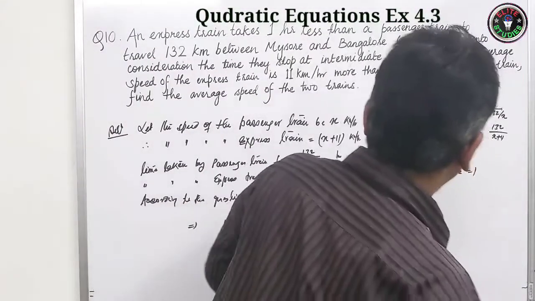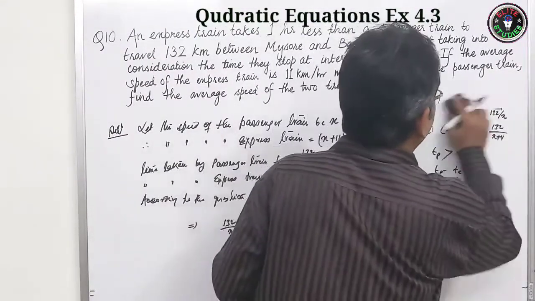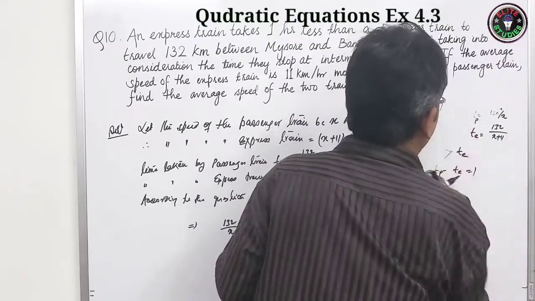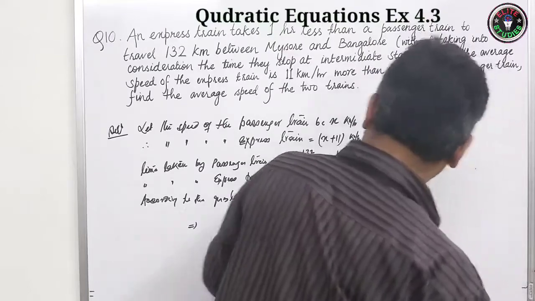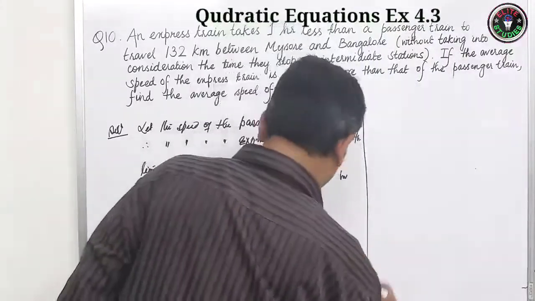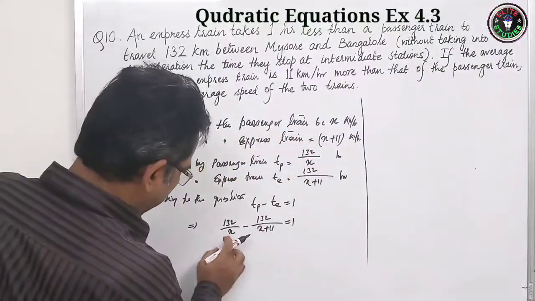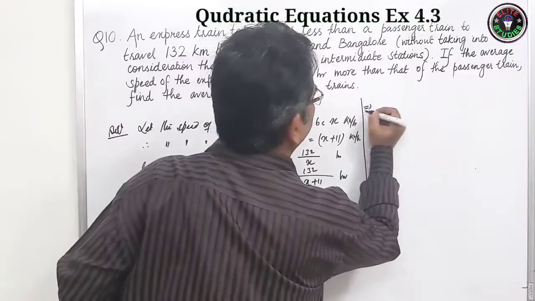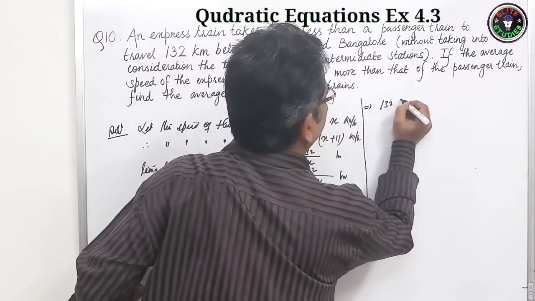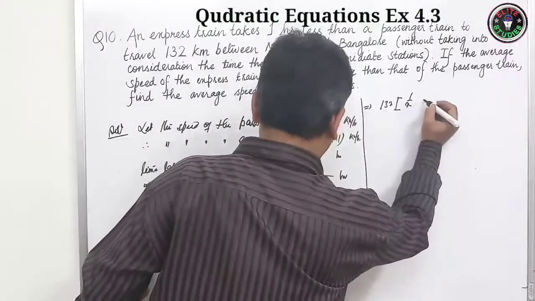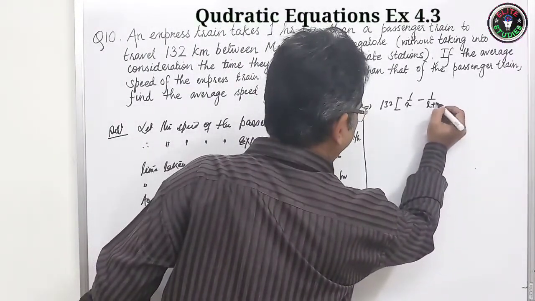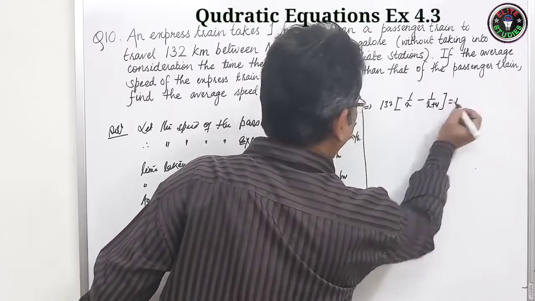Now our next step is to solve this equation. Let us solve. Solving, what we will get? You see, this will be 132 common. It will be 1 by x minus 1 by x plus 11 is equal to 1 by 132.